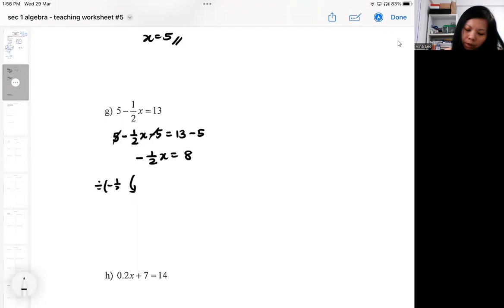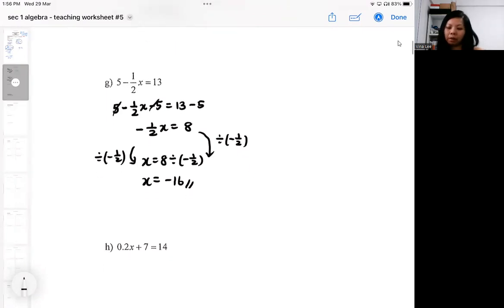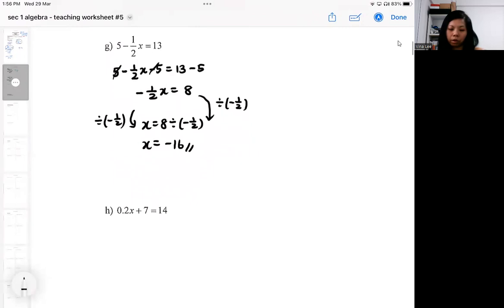So I'm just going to divide by minus half. 8 divided by minus half, you can punch calculator, you will get minus 16. So there's no big deal if you got fractions. The method doesn't change. You got to bear that in mind.